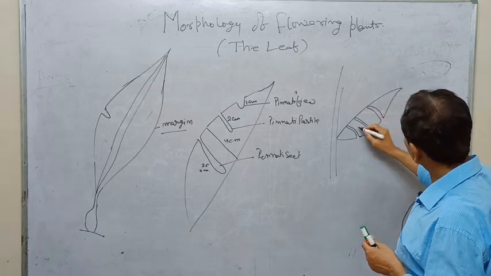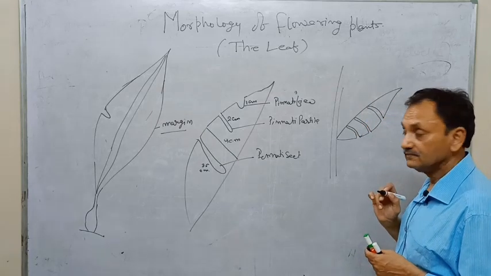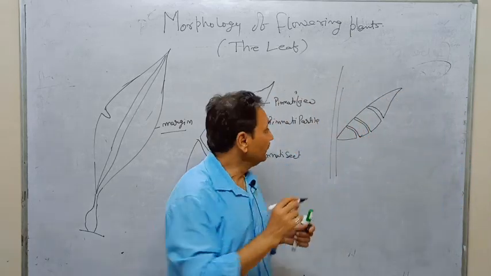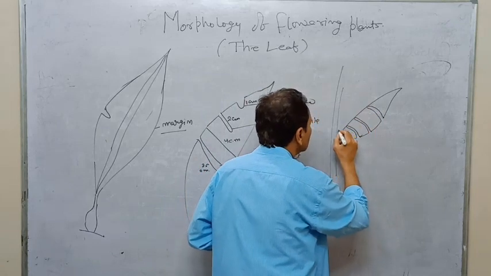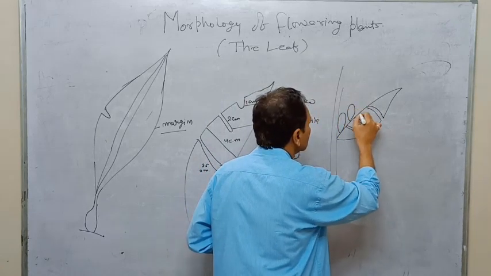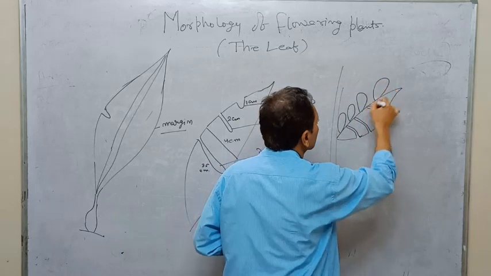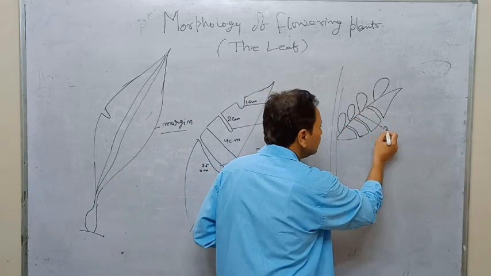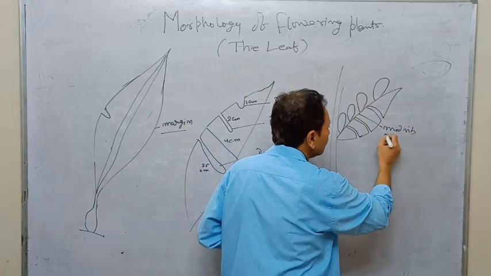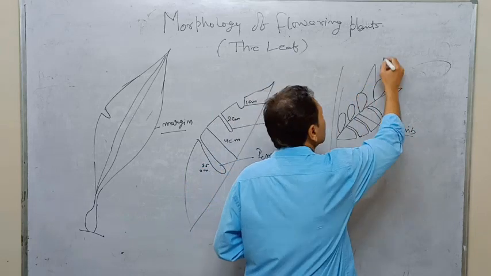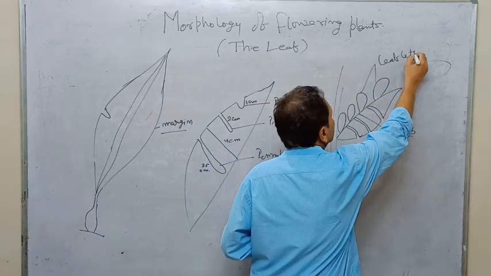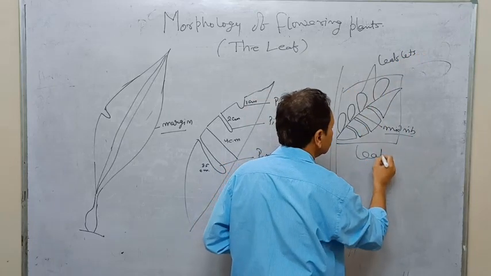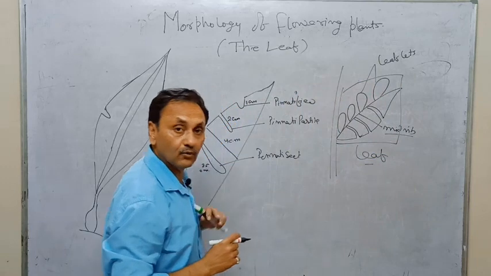This leaf is divided into different leaflets, and in due course of modification, it may be converted into like this one. Now this is the midrib, and these are called leaflets, and this whole is called leaf, and this is called compound leaf.